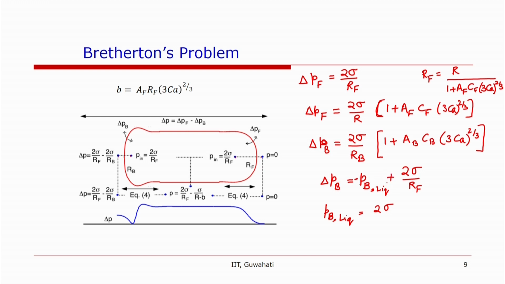So we will have Pb in the liquid is equal to 2 sigma over Rf minus delta Pb.